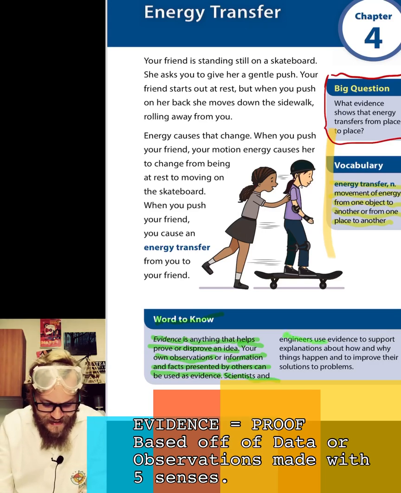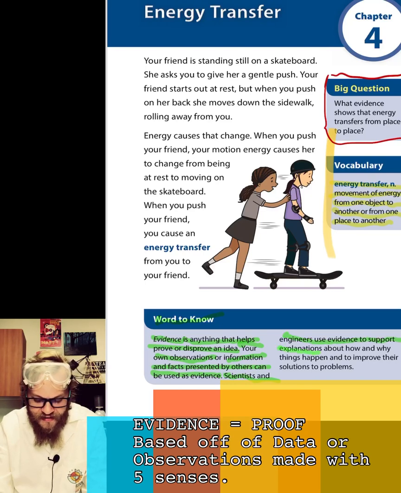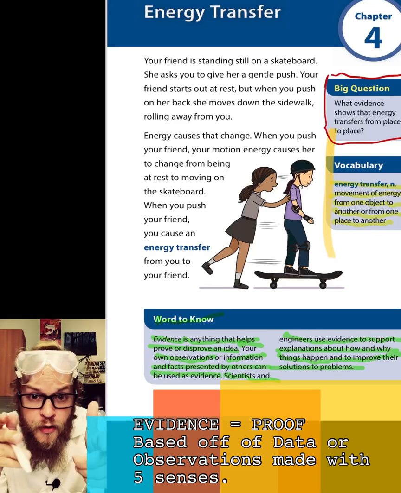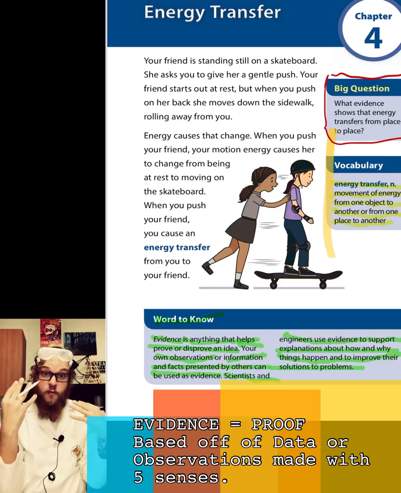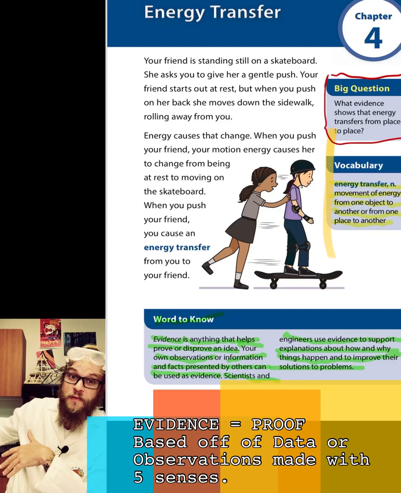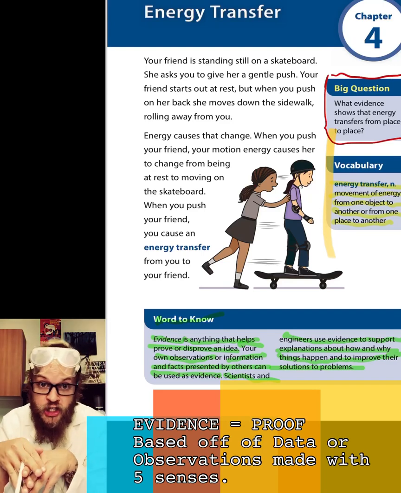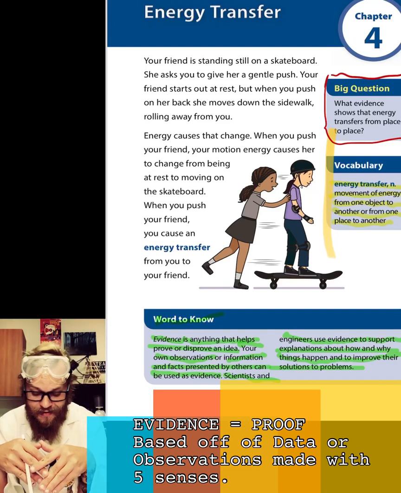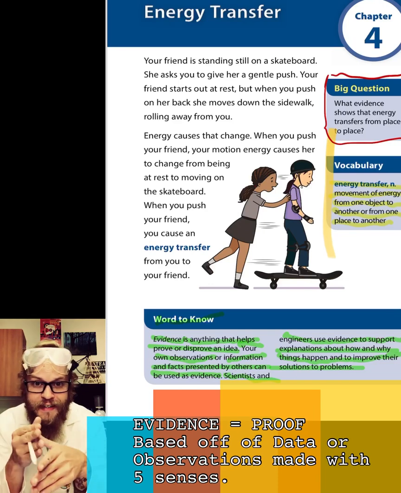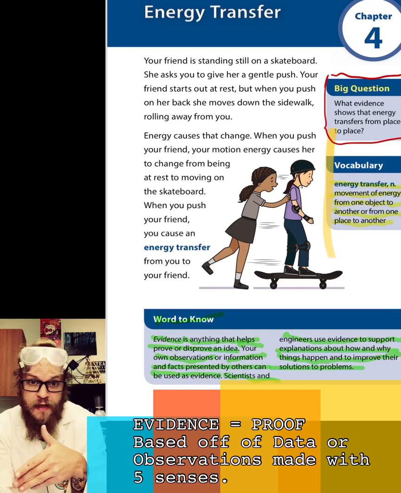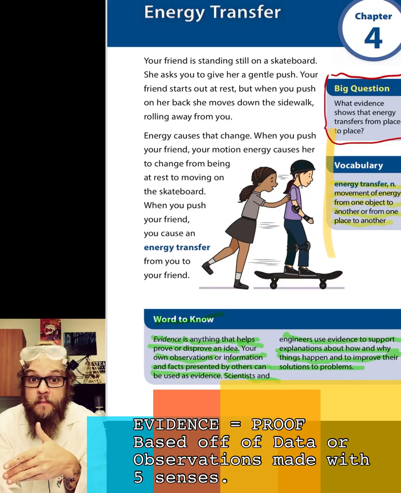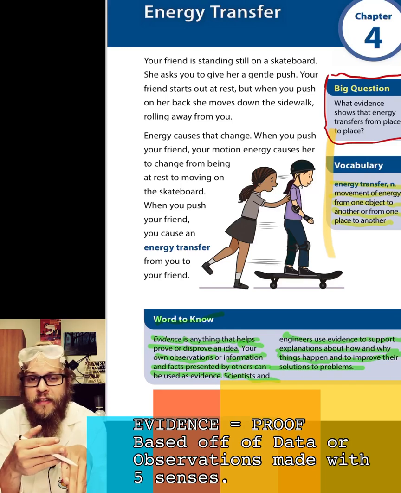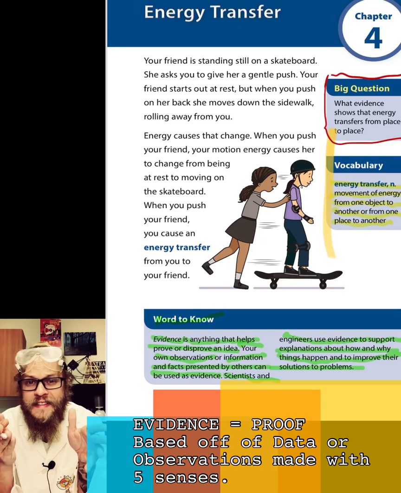Yeah. Scientists and engineers use evidence to support explanations about how and why things happen and to improve their solutions to problems. They're looking, they're observing, whether through their 5 senses or through what other people tell them, through what they can measure. Evidence, okay? And so scientists, they're asking the questions, why does this happen? Engineers are asking the questions, how can we make this easier?